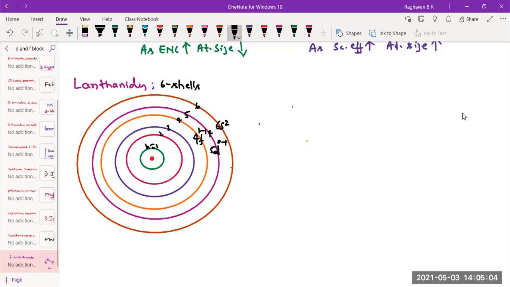The 6th shell is the valence shell, and therefore the 5th shell is penultimate. And what about the fourth shell? Antepenultimate. Ante means previous to penultimate, or pre-penultimate.